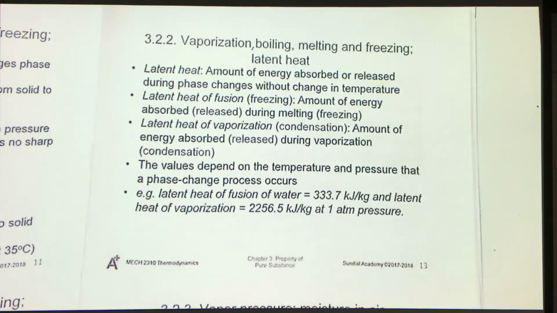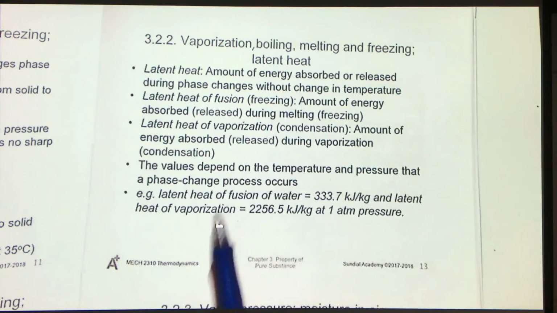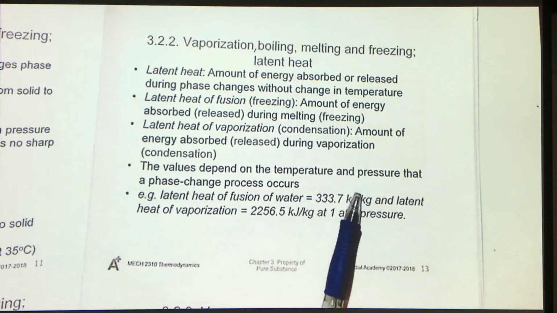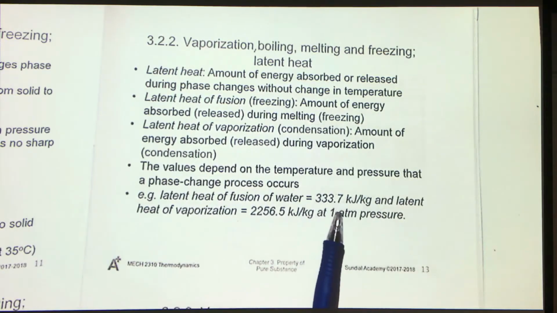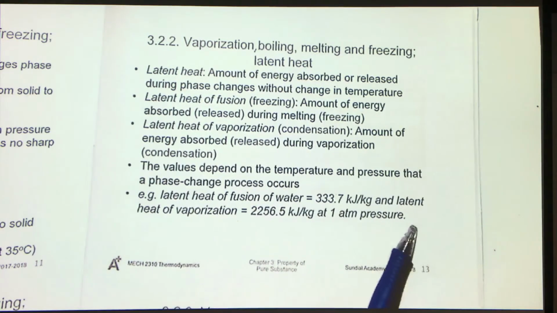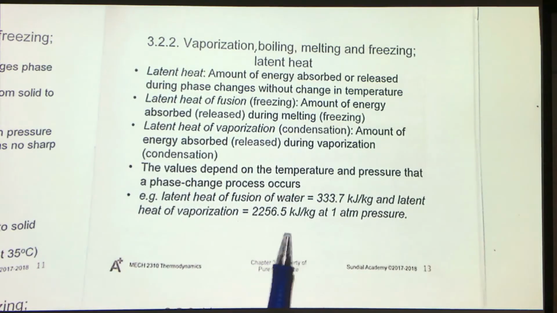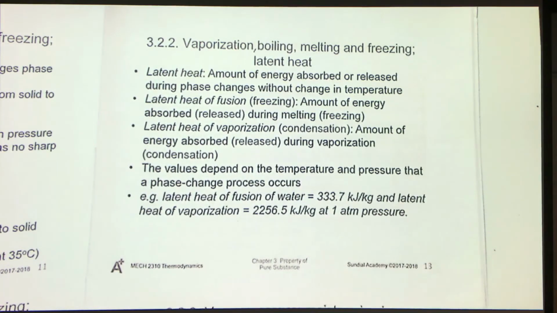This value depends on the temperature or pressure at which the phase change occurs. If we have a different pressure or temperature, these values will be different. For example, at 1 atmospheric pressure, the latent heat of fusion of water is about 333.7 kJ per kg, and the latent heat of vaporization is much greater, 2256.5 kJ per kg.